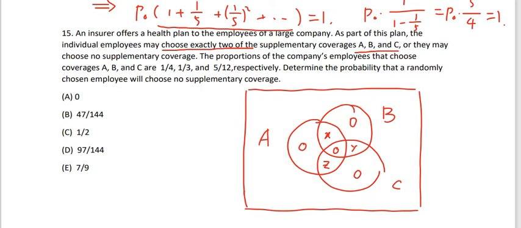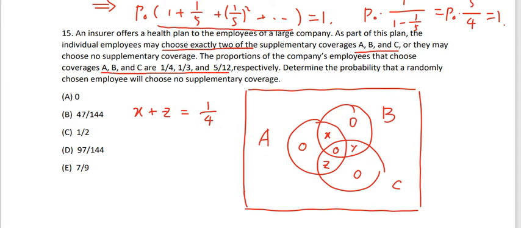Okay. The individual may choose exactly two of them, or they may choose none of them. The proportions that choose coverage A, B, and C are given. So choose A means X plus Z, so X plus Z is 1/4, right?